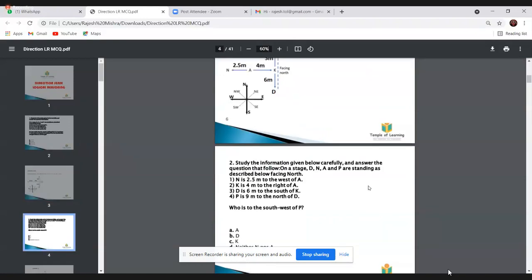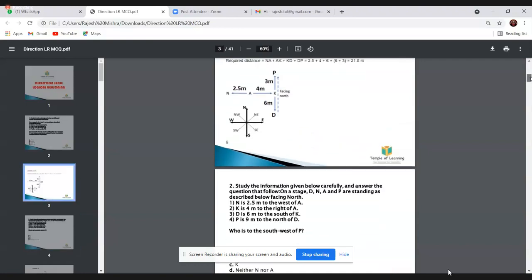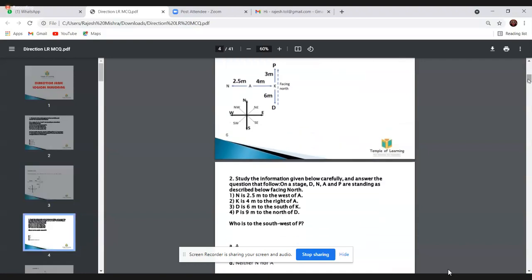In question number 2, students, what we need to understand is, the question says, who is to the southwest of P? Who is to the southwest of P?